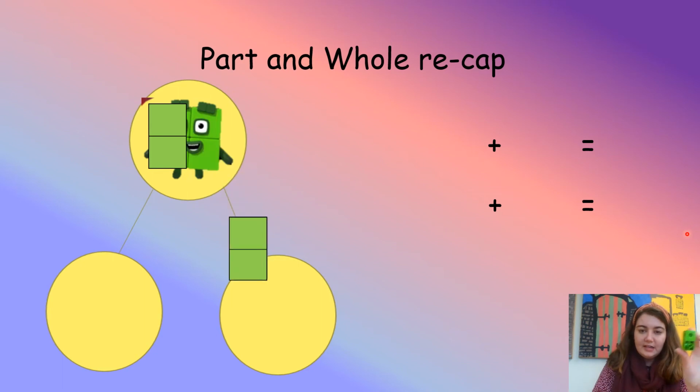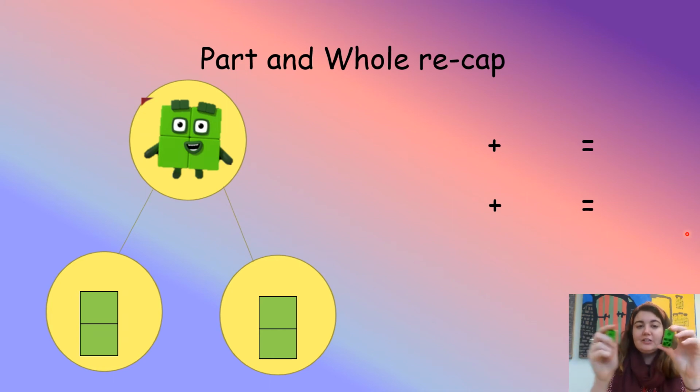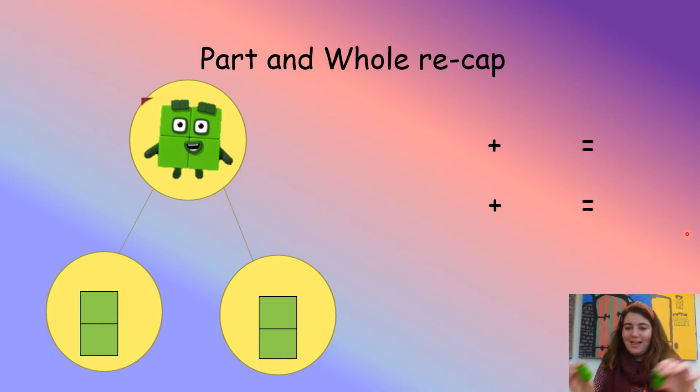Let's see. I've got two in one part and I've got two in the other part. So if I have the whole four, four can be broken into two parts and make two and two. And if we have one part with two and another part with two, they can come together to make the whole four.